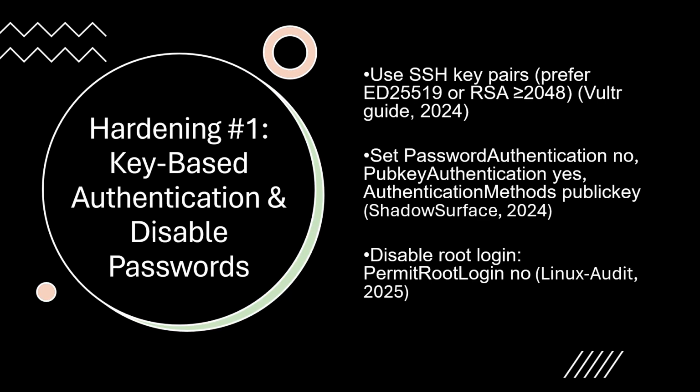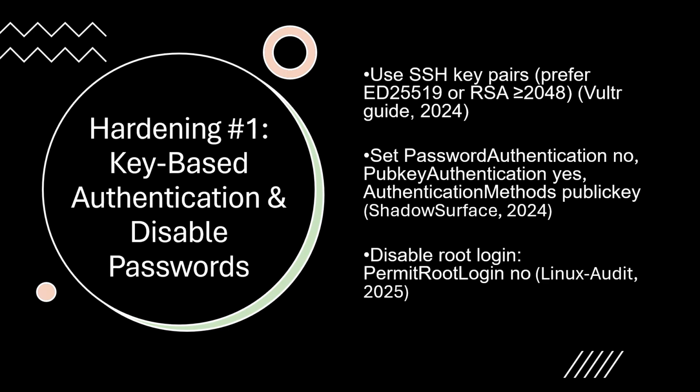The first and most effective control is moving from password to key-based authentication. Keys like ED25519 offer strong cryptography and faster performance. And /etc/ssh/sshd_config should disable passwords entirely and enable only public key authentication.